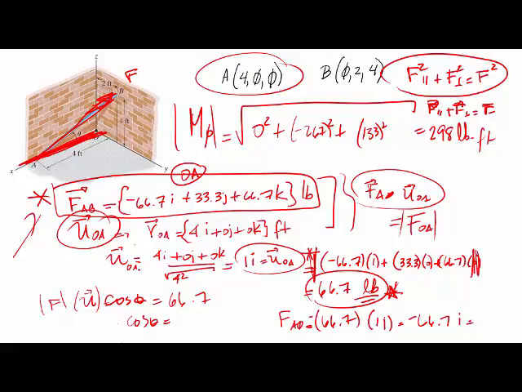So then, 66.7 squared plus the perpendicular one squared equals 100 squared. So what is the magnitude of the perpendicular one? 100 squared minus 66.7 squared, what is that? 74.5 pounds. Okay?